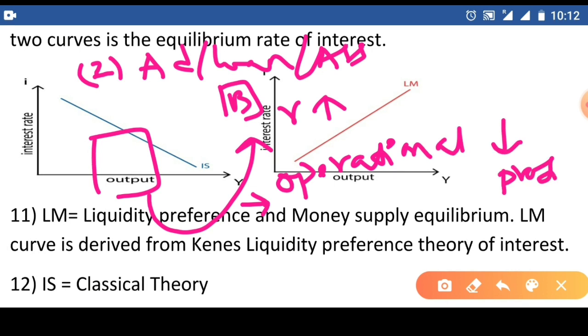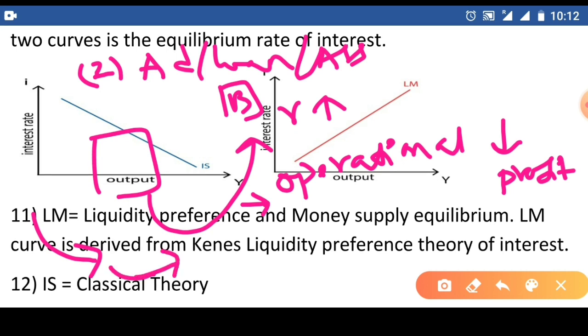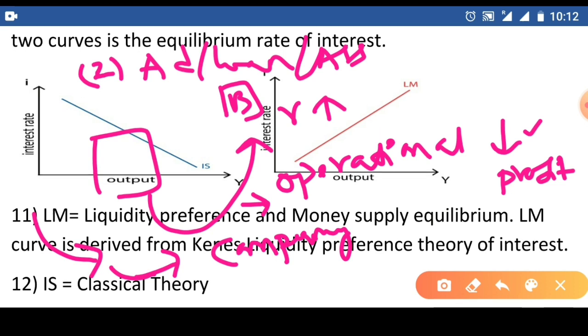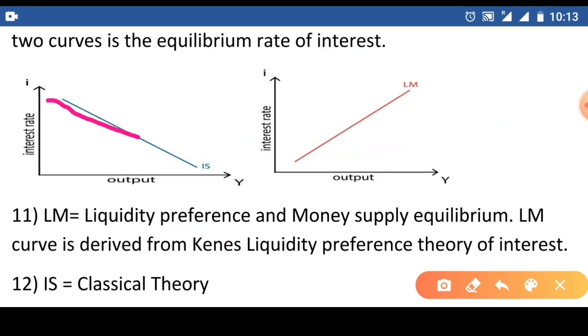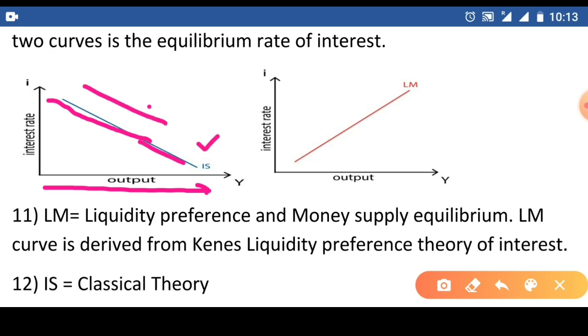Whenever the profit decreases, nobody is ready to invest in companies or to start new companies, because they are getting less profit. That's why whenever the interest rate is high, investment is low. When the rate of interest decreases, investment increases. That is the IS curve, also called a downward sloping curve.